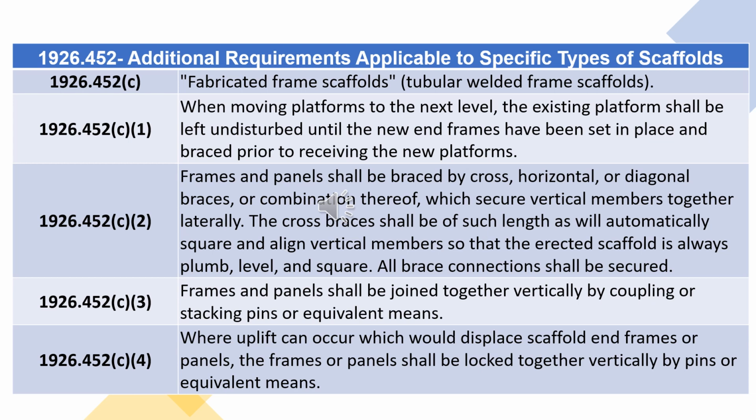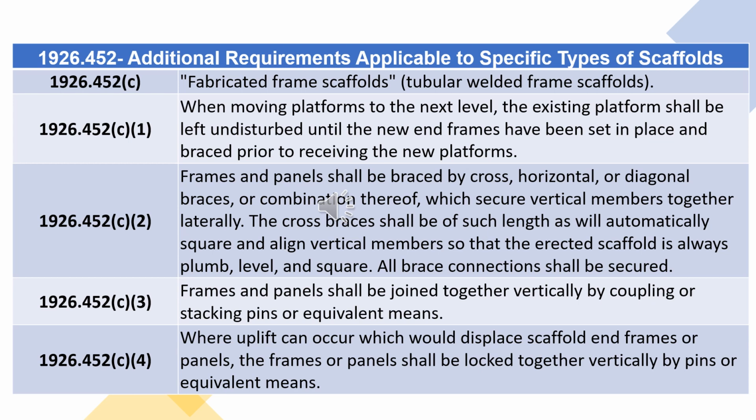1926.452 C2. Frames and panels shall be braced by cross, horizontal, or diagonal braces, or combination thereof, which secure vertical members together laterally. The cross braces shall be of such length as will automatically square and align vertical members so that the erected scaffold is always plumb, level, and square.